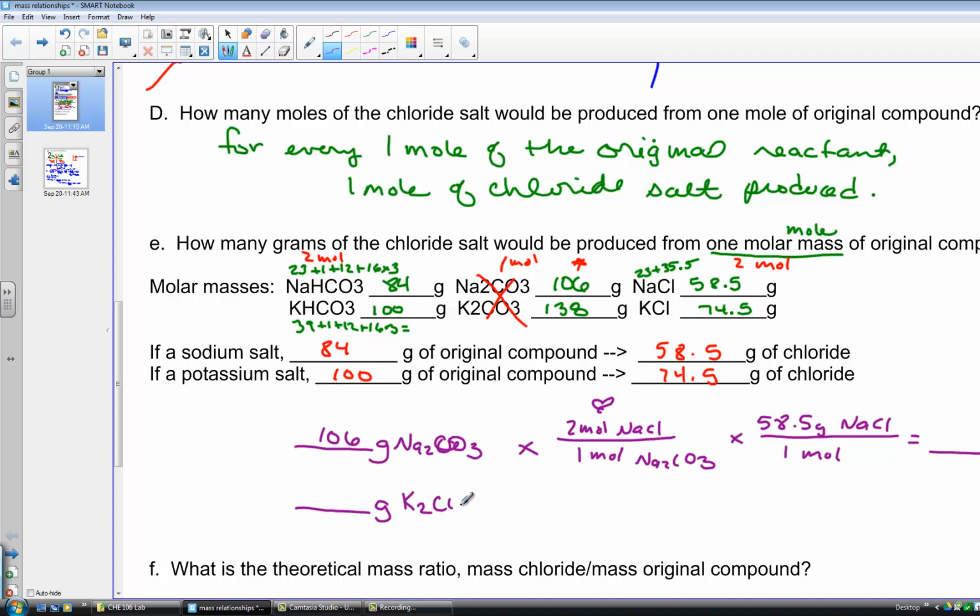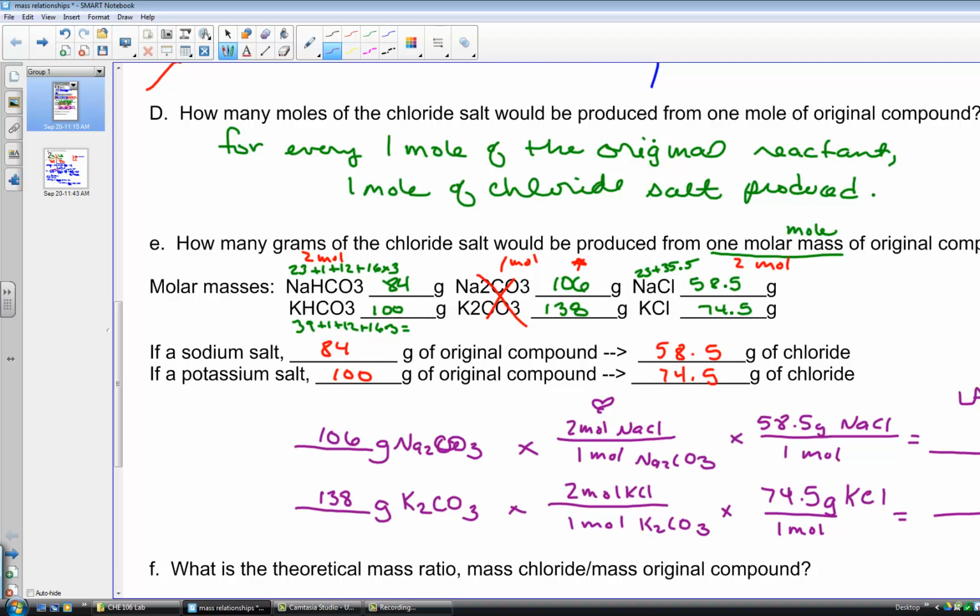If you had 1 mole, which was 138 grams of your potassium carbonate, you'd have 2 moles of KCl form for every 1 mole of your potassium carbonate. So what we're saying here is if in your actual lab data, these values would be twice as much as what we just calculated here.